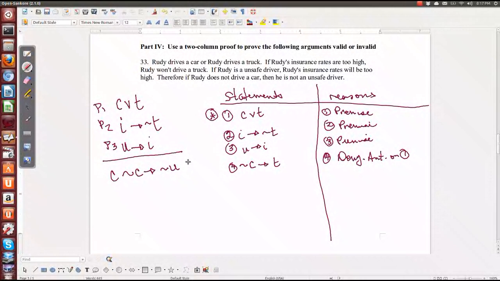And in putting two statements together, I notice that I have two letters here that are the same, I. And so I'm going to put those two letters together. So I'm going to have U conditional I and I conditional negation T.